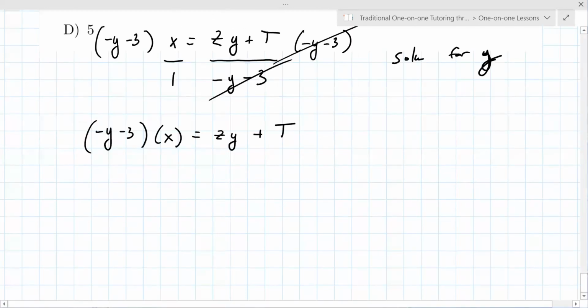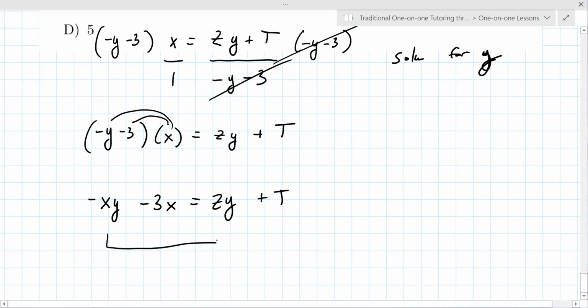Okay. And then you minus t, right? Well, we got a y on both sides though. So you actually need to distribute this x first. So you get minus xy minus 3x equals zy plus t. And now we want to get these on the same side. It doesn't really matter which way you go.